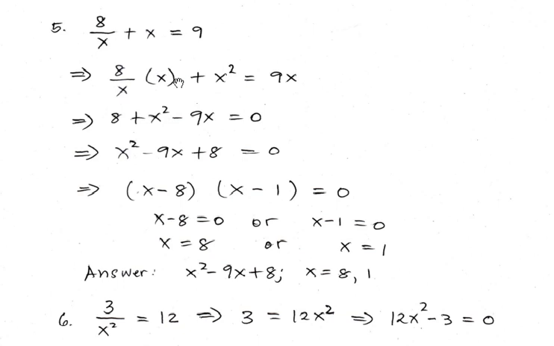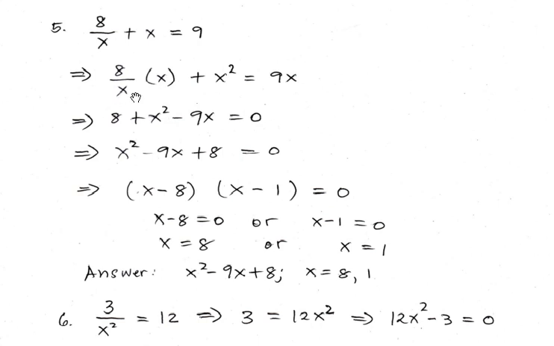Solution. We have here x as the denominator in the first term. So we have to multiply both terms and the right-hand side by x. X is the LCD. So we have it here, 8 over x times x.